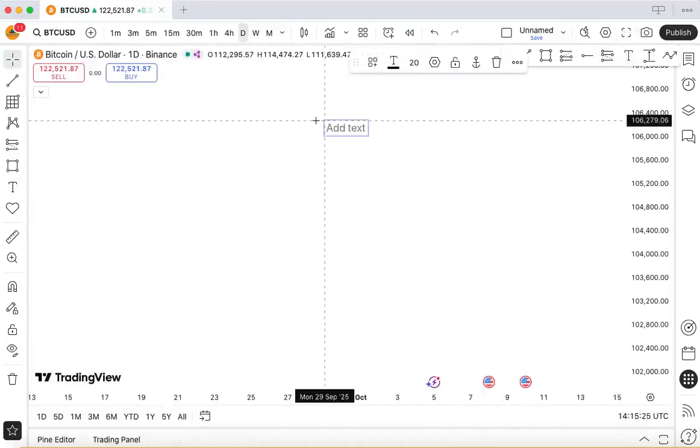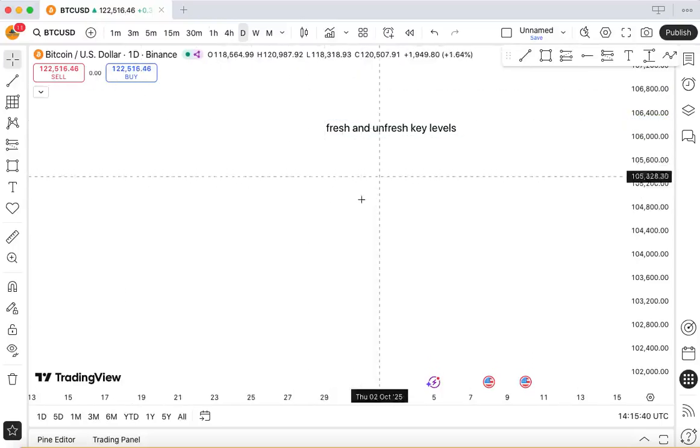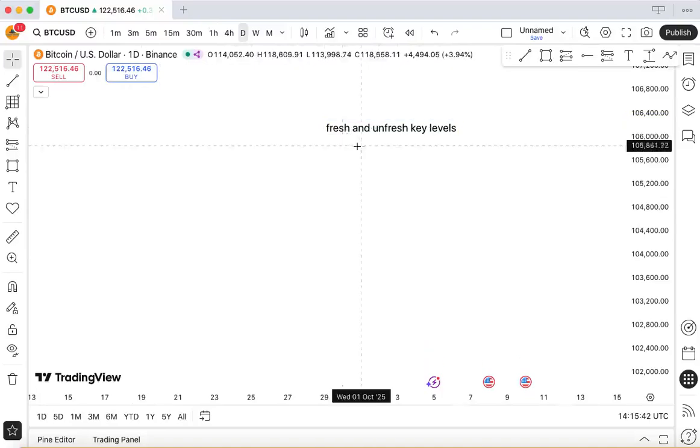Fresh and unfresh key levels. Okay, where do we use fresh key levels and where do we use unfresh key levels?